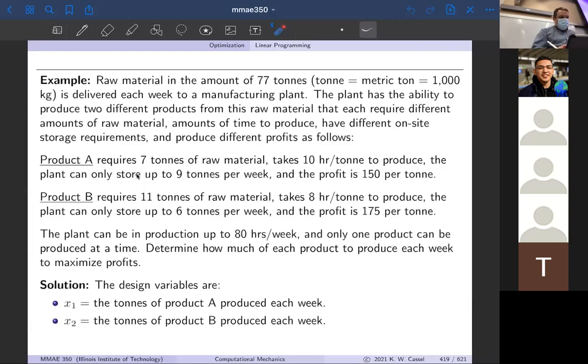For product A, it requires 7 tons of raw material to produce one of product A. It takes 10 hours per ton to produce.